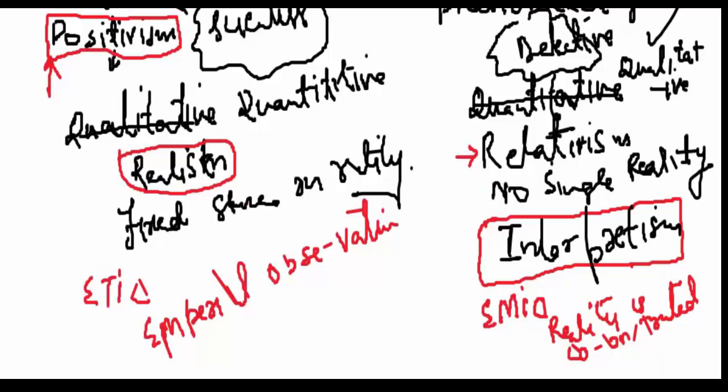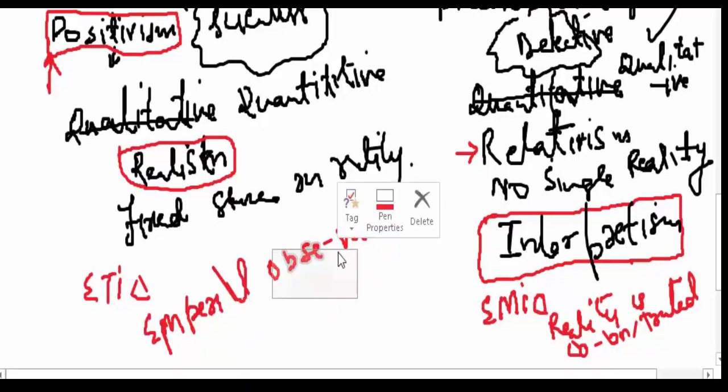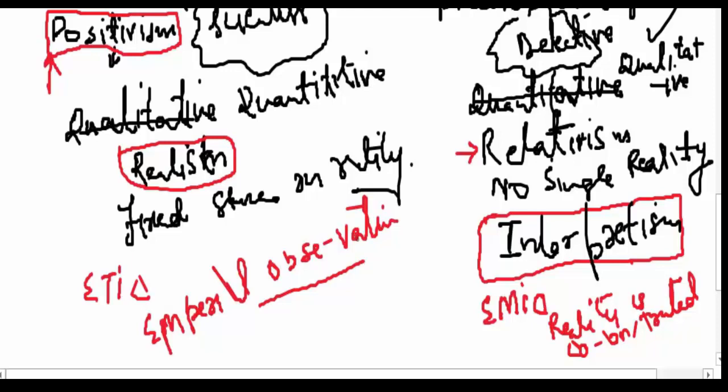In the positivism and post-positivism approaches, knowledge is based on empirical observations. We observe a reality that exists beyond ourselves, and from that external objective reality the knowledge is created.